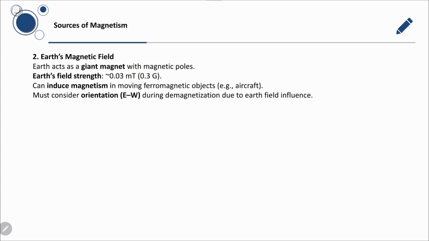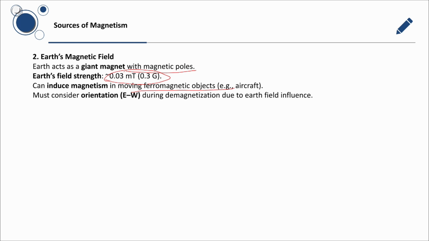Earth's magnetic field. Our own Earth acts like a giant magnet with its own magnetic poles. While relatively weak, around 0.03 mT, the Earth's field can still induce magnetism in large moving ferromagnetic objects, such as aircraft flying through it.